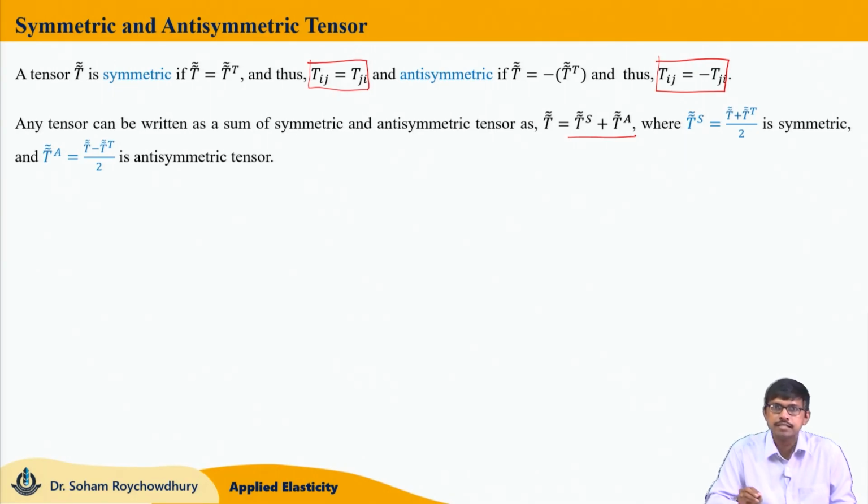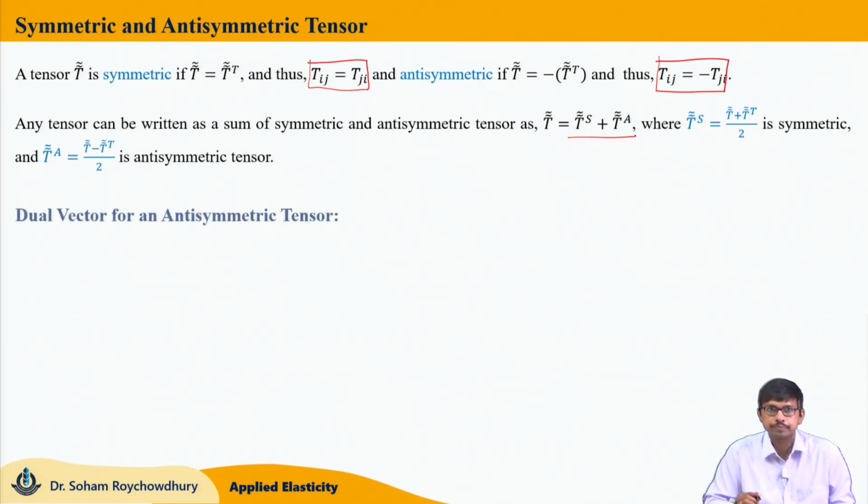So, T_S plus T_A will give the total T. Any tensor can be written in terms of T_S plus T_A, where T_S is the symmetric part, defined as (T plus T transpose) by 2, and T_A is the anti-symmetric part, defined as (T minus T transpose) by 2.